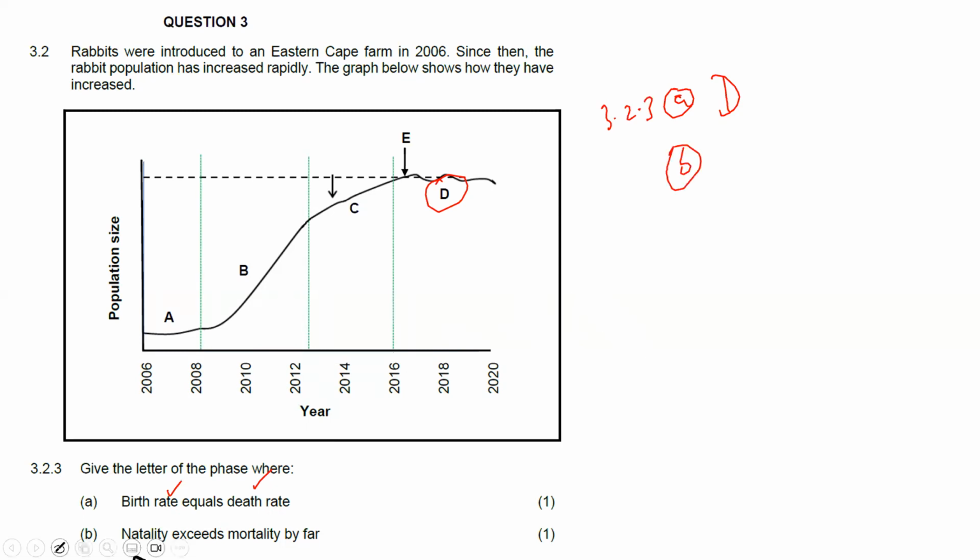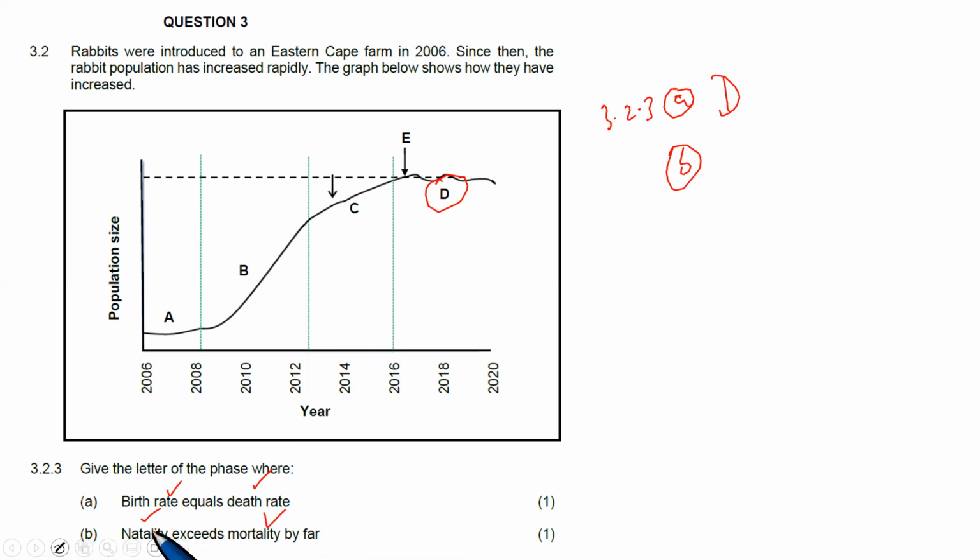natality exceeds mortality. Natality is the birth, and mortality, those who are dying. So obviously we're speaking about the population of the rabbits. Some of the rabbits are dying, some of the rabbits are being born, right? And there are reasons why some die.